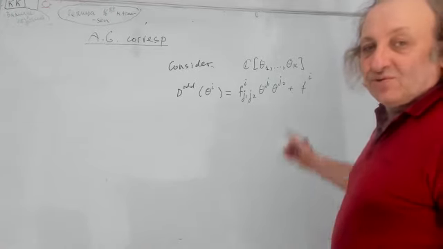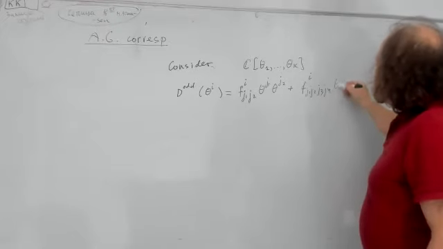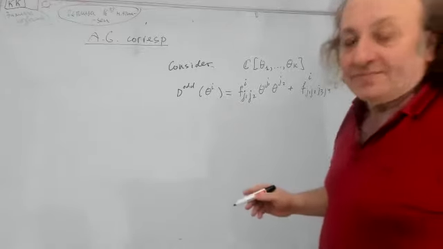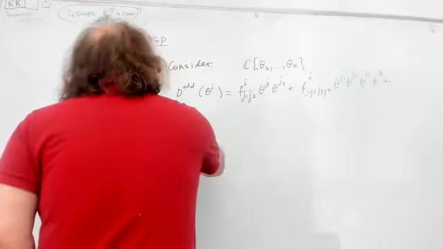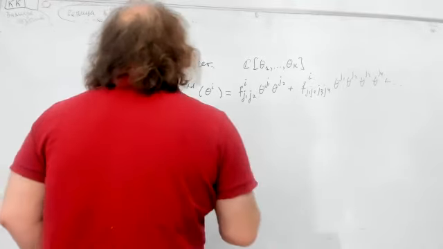Tim, could you read me? Well, f^i_{j1 j2 j3 j4} and the product of 4 thetas. Plus, etc. Good. And then, what is the condition of homologicity?